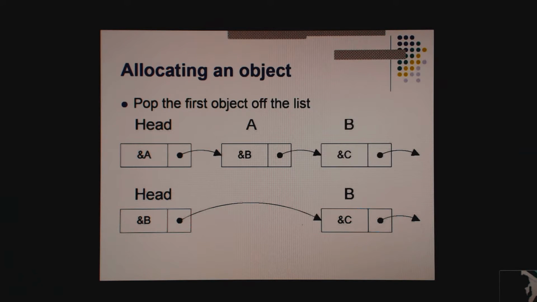So allocating an object is very, very fast, right? Just take what used to be the first object on the list, pull it off, and make sure the list head points to the new first object on the list. Okay? This is an efficient high-speed allocator, and you often see it used in class-specific allocators.